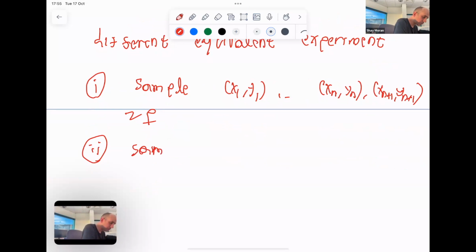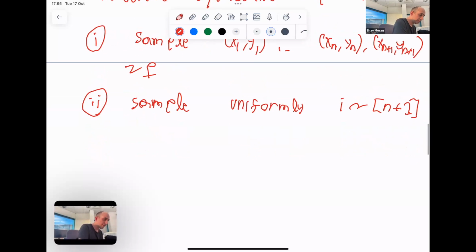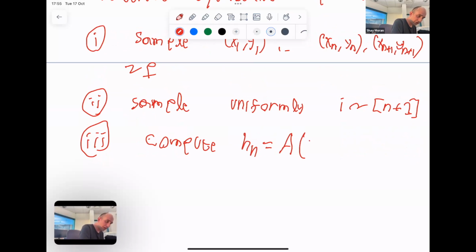So sample uniformly I, an index of the test example from n+1, then compute Hn, which is the algorithm applied on everything but the ith example, xi, yi we remove, and up to xn+1, yn+1.